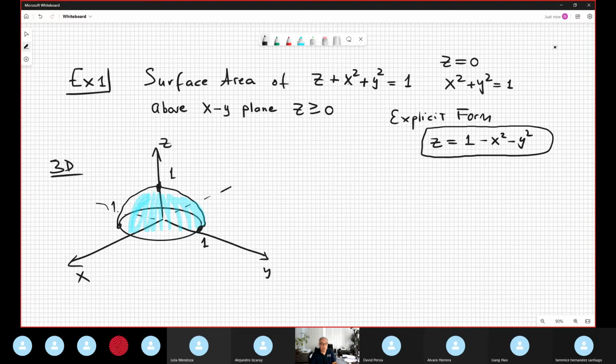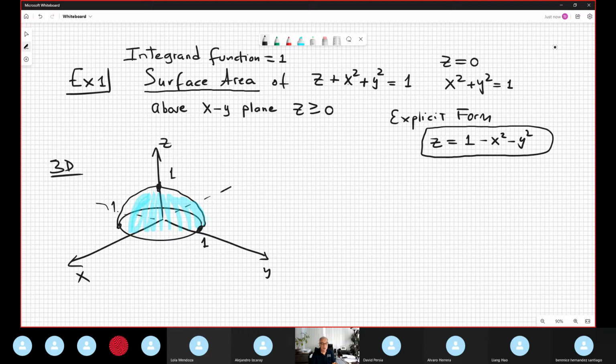The idea behind is that in this example, they want the surface area. And surface area indicates to us that the integrand function is equal to 1.